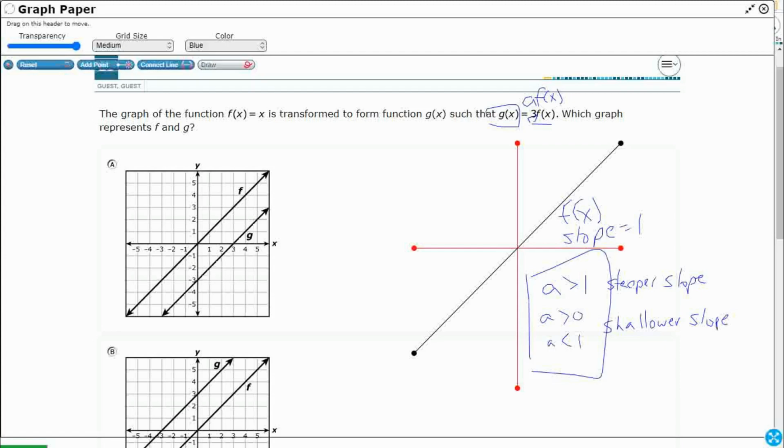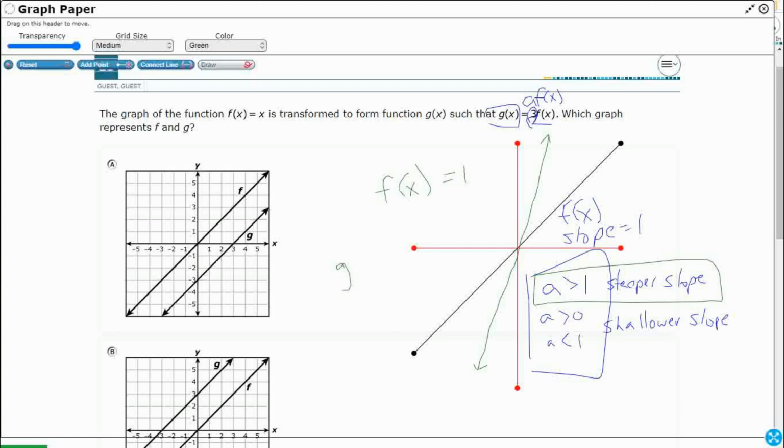Okay? So we have a 3 right here, so that means we're going to be dealing with this right here. This a is greater than 1, so we're looking for a steeper slope. Okay, something that looks maybe something like this. Now, that's just knowledge that hopefully you learned this year in your Algebra 1 class. If that doesn't work, we could also just plug it in a little bit. Look, if the slope of f of x equals 1, let's just say we're talking about the slope of f of x, okay?